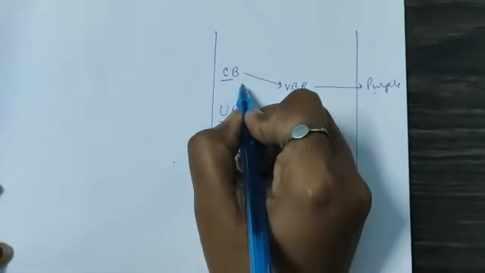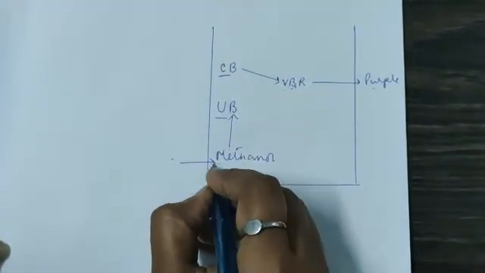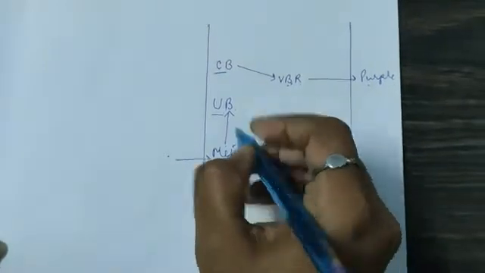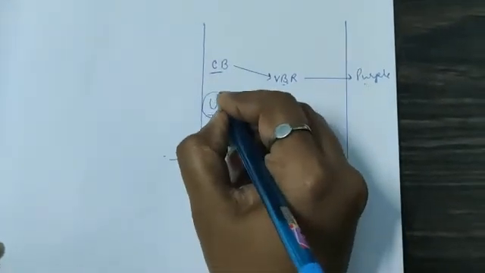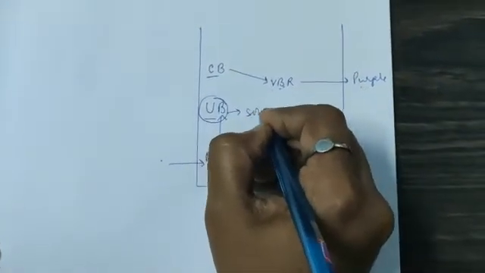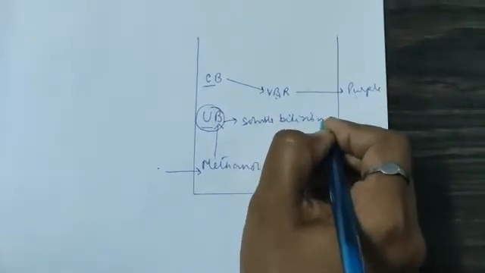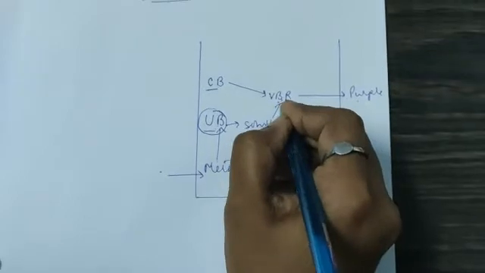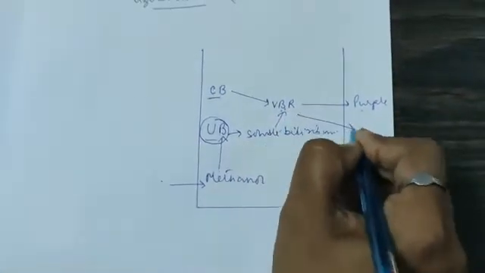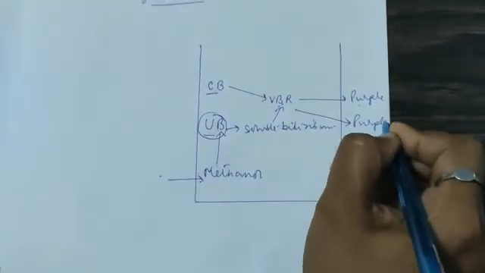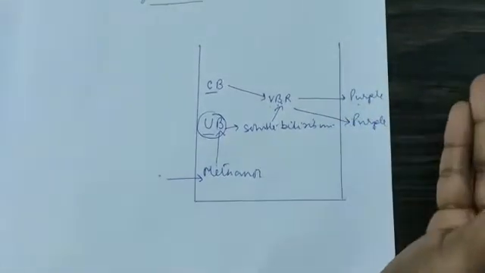Now after that, if we add methanol to that serum again, then that methanol will convert the unconjugated bilirubin into the soluble form, and that soluble bilirubin will now combine again with the Vandenberg's reagent to give us purple color again. So the intensity of color will again increase.